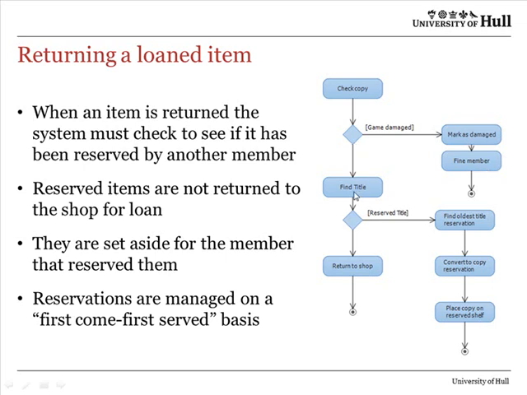If it's not damaged, if it's okay to lend out again, we find the title, we check to see if it's reserved. If it isn't reserved, we just put it back in the shop. If it is reserved, we find the oldest reservation in the system. We set that copy aside as a reserved physical copy of the disk for that member to pick up, and we put it on a shelf somewhere out of the way. This is how it would work.